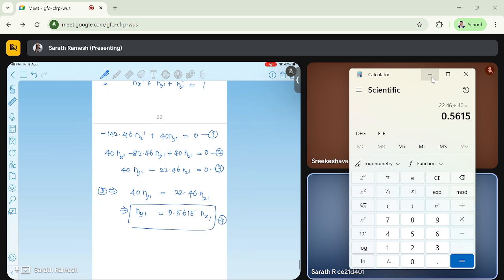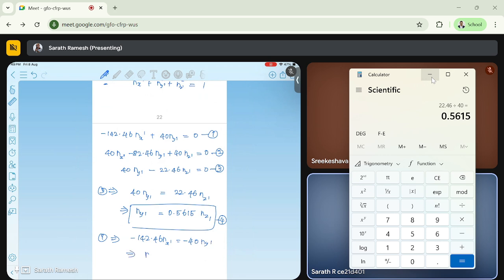What else? From equation number 1, minus 142.46 nx1 will be minus 40 ny1.